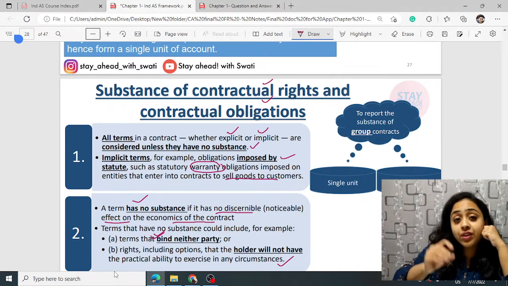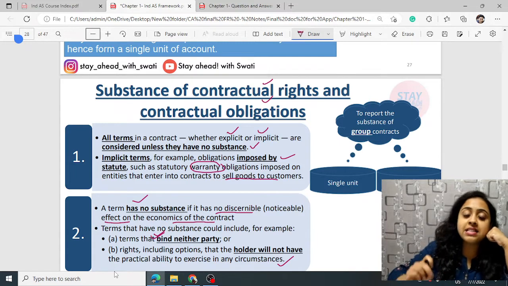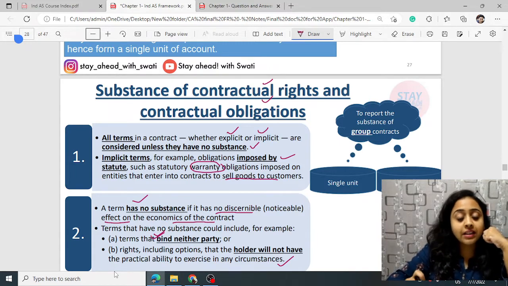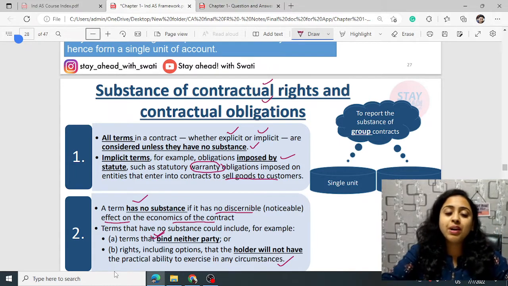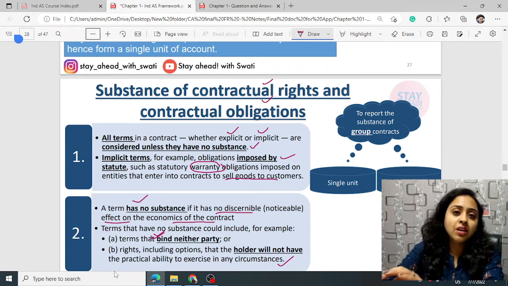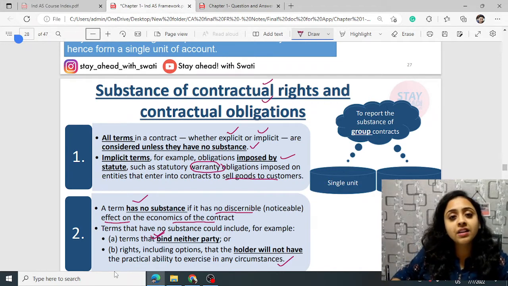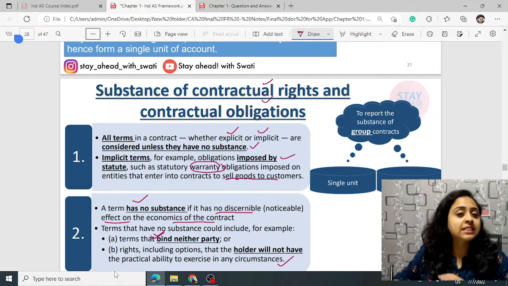So even though there is a provision noted down, there is a right for the customer, but you are very sure that they will not exercise such an option. So in both cases it is not impacting the economics of the entity, and therefore it is considered as having no substance.